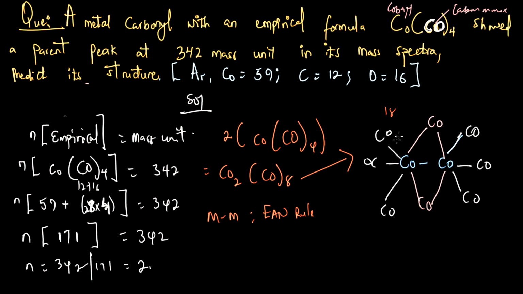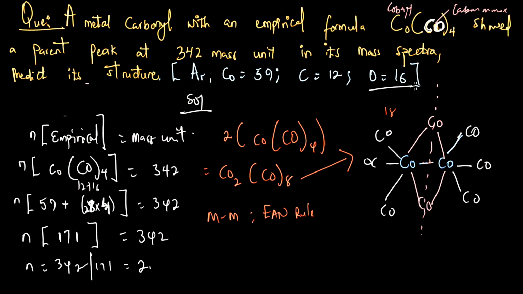So now to confirm this structure, we need to calculate its 18 electron rule. So how do we calculate the 18 electron rule? The first thing is to divide it, so we can calculate for one side.